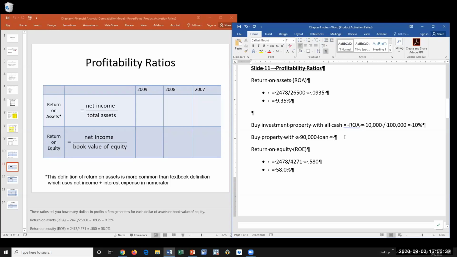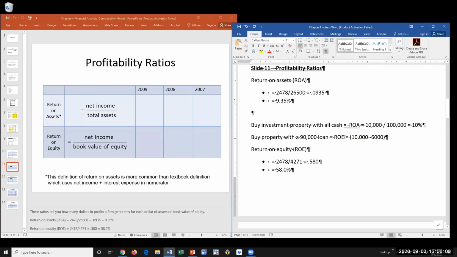So let me give you an example here. Now, the return we get if we get a $90,000 loan is going to be less than $10,000 because now we have to make loan payments, right? So let's say the loan payments are equal to, well, let's say $6,000.